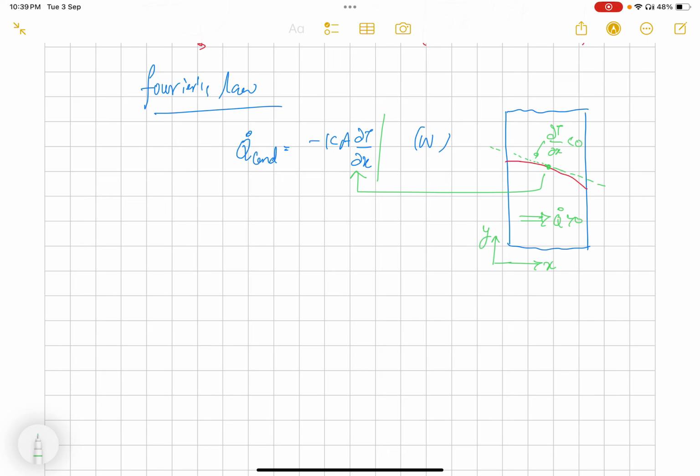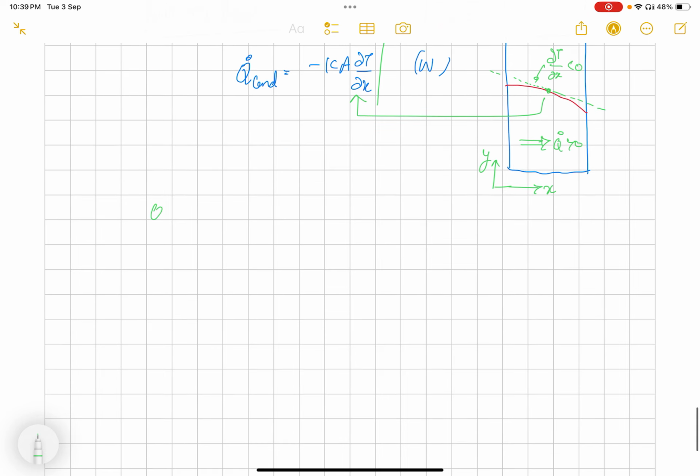And in three-dimensional, we can write like this. This was for one-dimensional. Three-dimensional, we can write like q dot vector n.